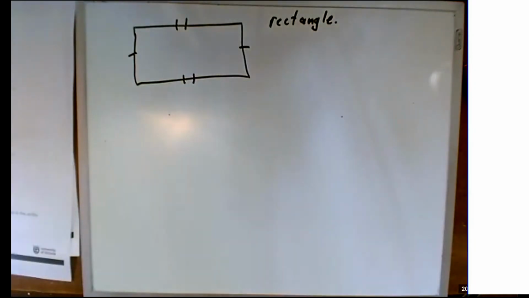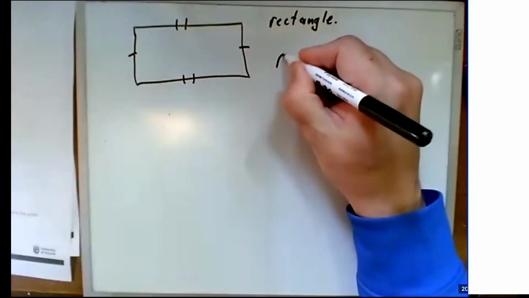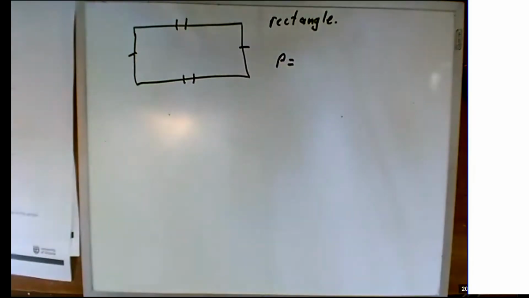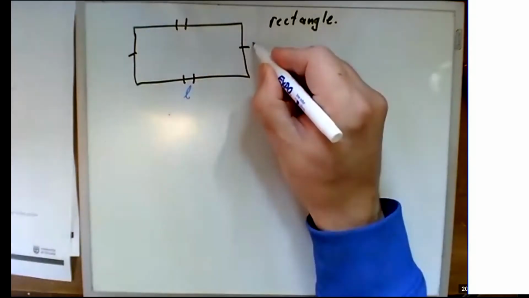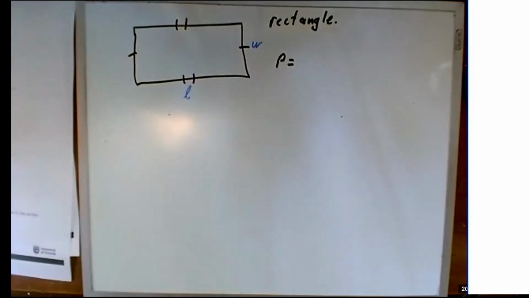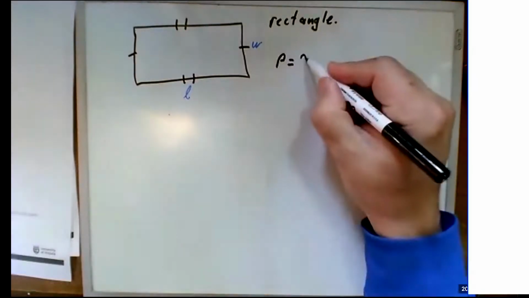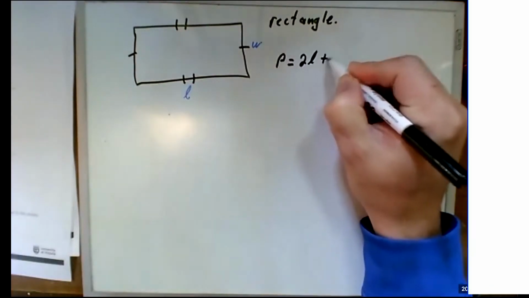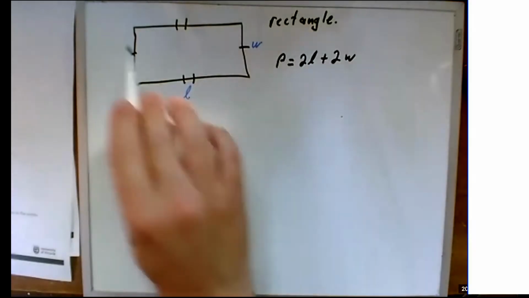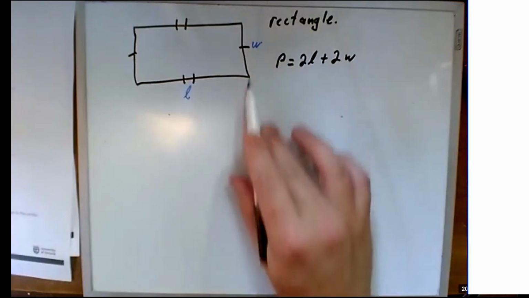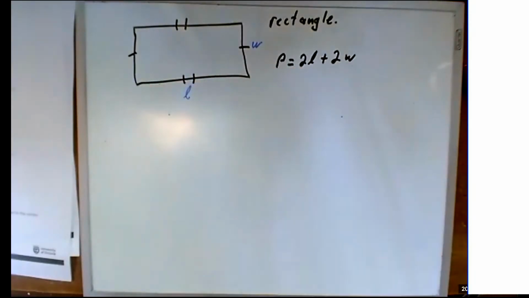And there are 2 things that we're looking at with a rectangle. We can look at the perimeter of the rectangle, which is to say the length around the outside. If I call one side the length and the other side the width, our perimeter is going to be 2 lengths plus 2 widths. 1 length, 2 lengths, so we have 2 of those. 1 width, 2 widths, 2 of those. Add that all up, and you have the perimeter of your rectangle.